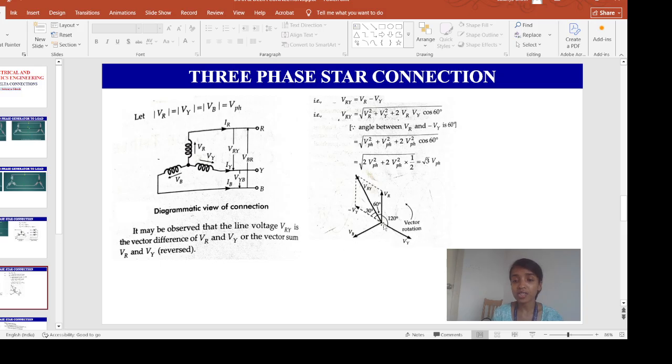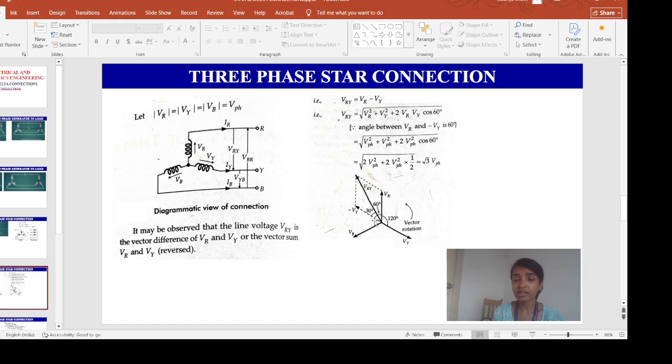So VRY can be found as follows. This is VR, VY and VB. If this side is VY, and we extend it to the opposite side, it will be minus VY. So this is my VR, this is my minus VY, and this will be my resultant vector VRY of VR and minus VY. Now this is 120, this is 120, again this is 120.